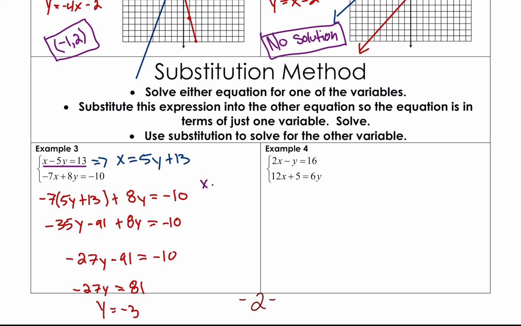So x minus 5 times -3 is equal to 13. -5 times -3 is a positive 15. So x plus 15 equals 13. Now to get x by itself, I subtract 15 from both sides. So x is equal to -2.